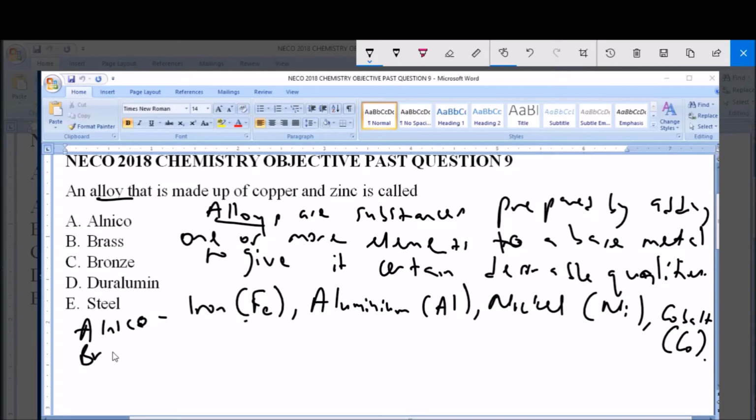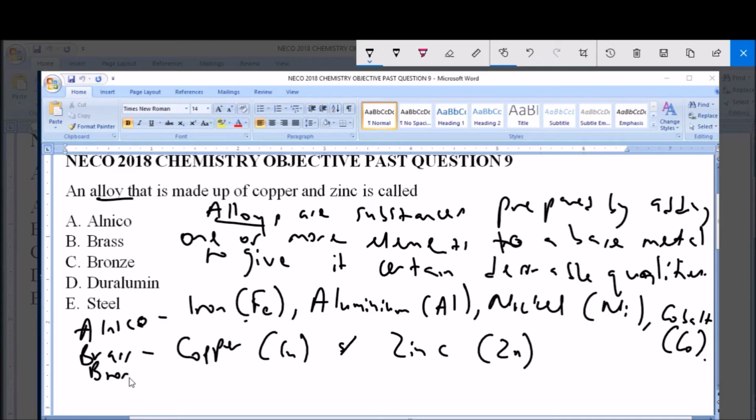Now, brass is made up of copper and zinc. Bronze is made up of copper and tin.